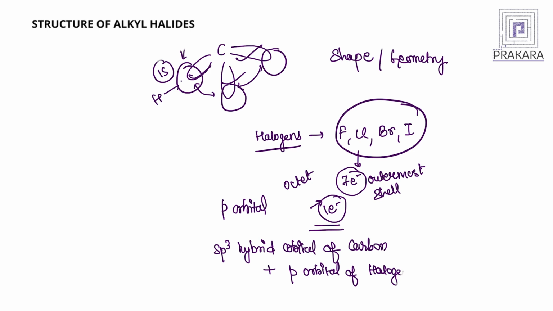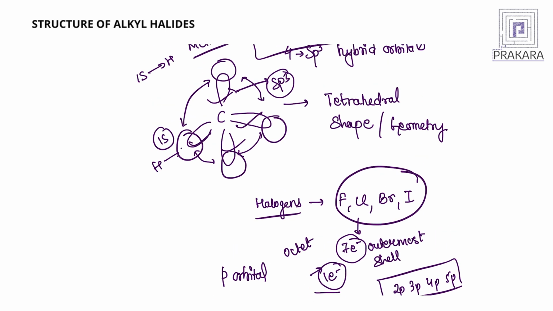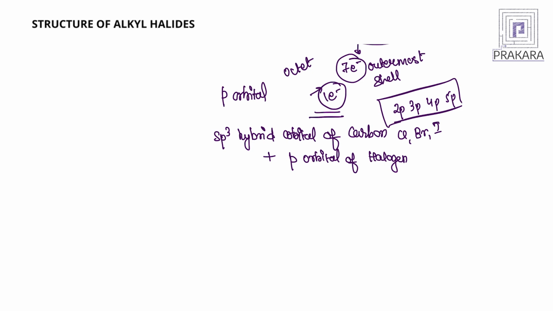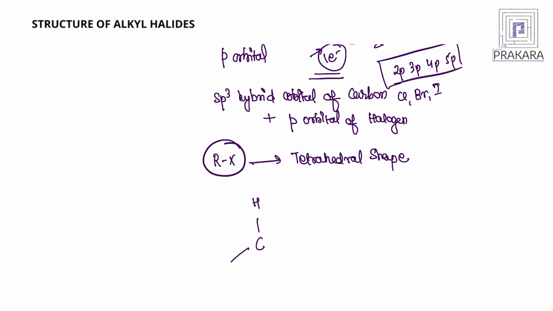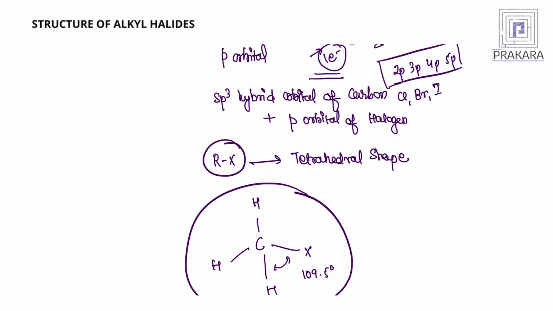That halogen could be fluorine, chlorine, bromine, or iodine, and depending on that, you could have 2p, 3p, 4p, and 5p orbitals. Similarly, this alkyl halide, that is RX, will also have the tetrahedral shape. It will arrange itself in space like this, and this angle will be 109.5 degrees. So it will have tetrahedral geometry.